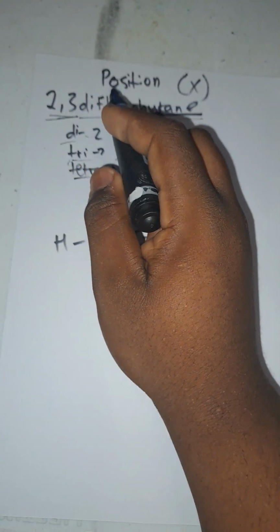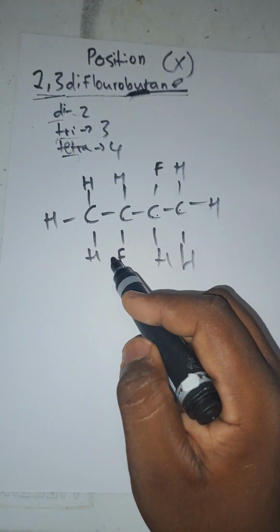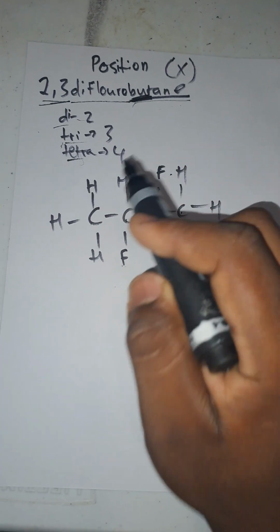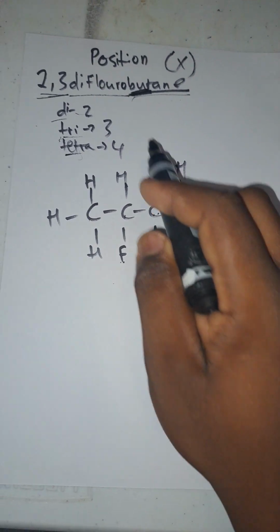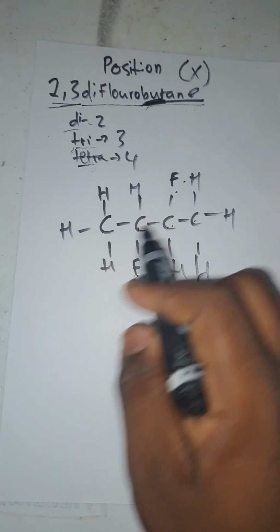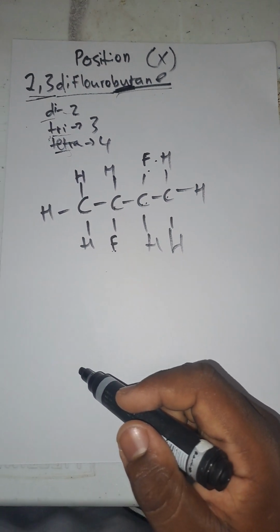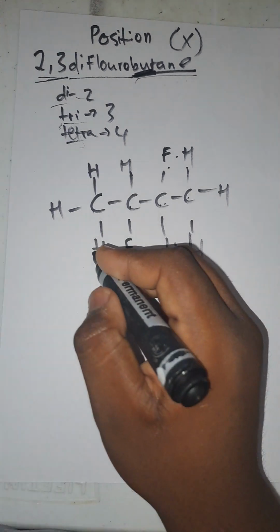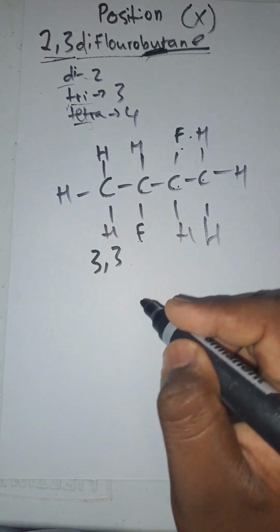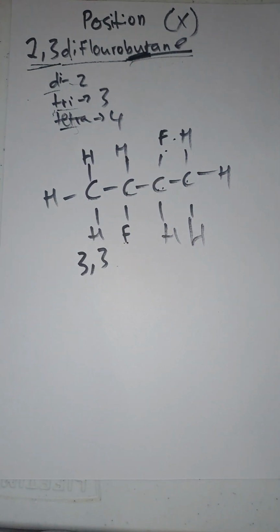Coming to these numbers now, it is 2,3. So this 2,3 tells me that fluorine is in position 2 and position 3. That is why it is 2,3. And this di means that there are 2 fluorines on this structural formula. Is it fine, guys? That is what I wanted to tell you. If it is 3,3 or whatever, know that it is on the same position.